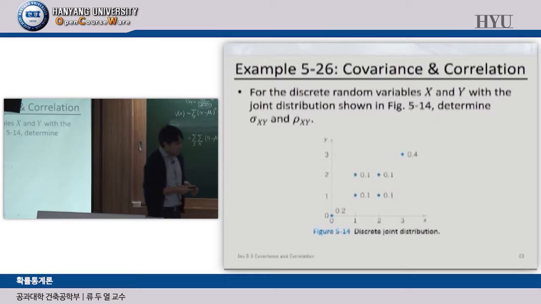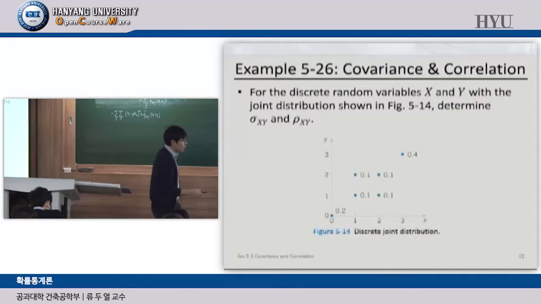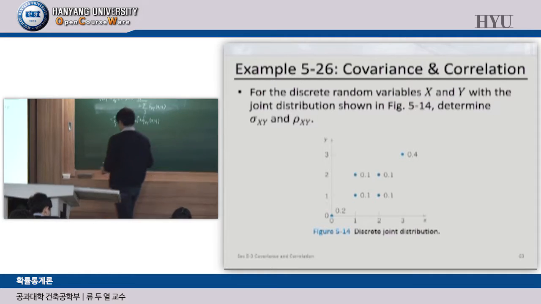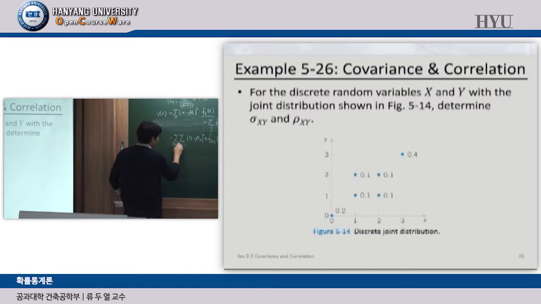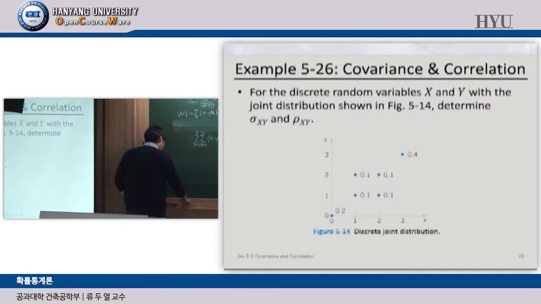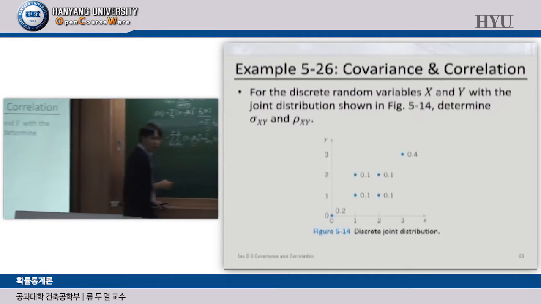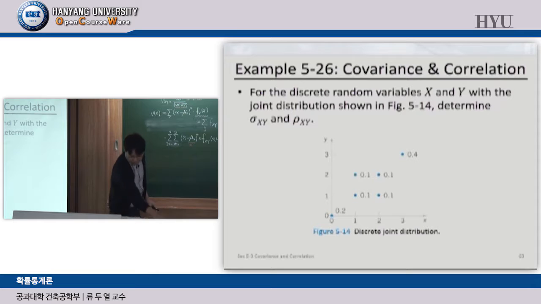Okay. And based on this discrete joint distribution graph, the x is from 0 to 3, and y is from 0 to 3, right? So this can be rewritten as y is from 0 to 3, and x is from 0 to 3, okay? And in the previous class, we have already calculated the marginal mean. There it was 1.8, okay?